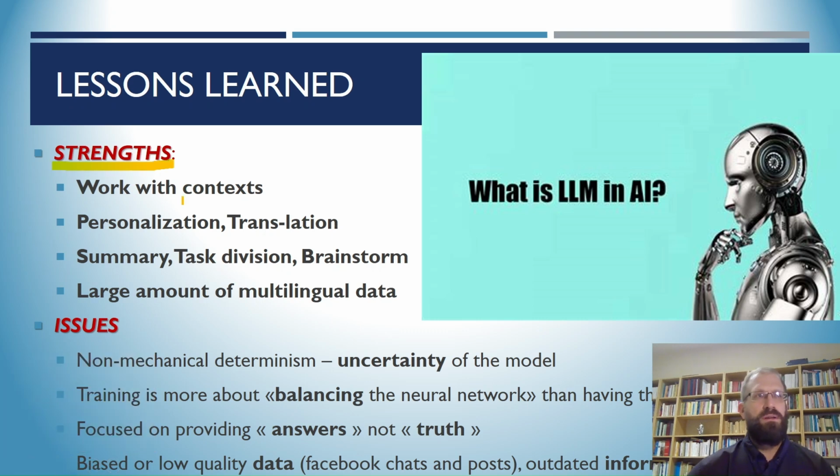We have to be aware that the work with context is very strong. So if you give a chatbot or a large language model a good context and then a very precise question, you can get a very good and significant result.